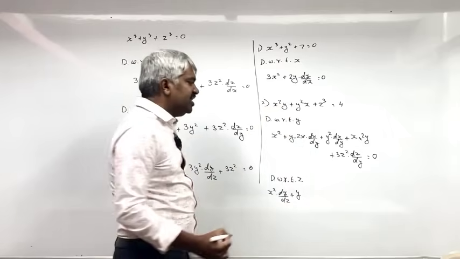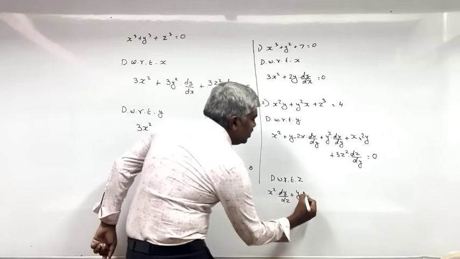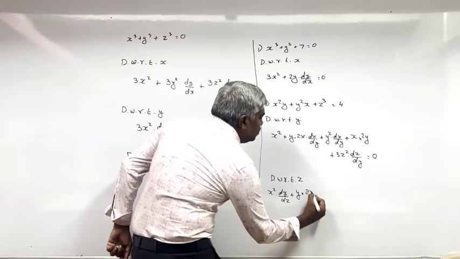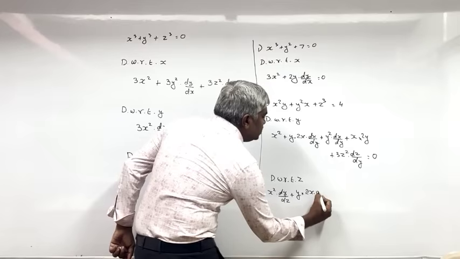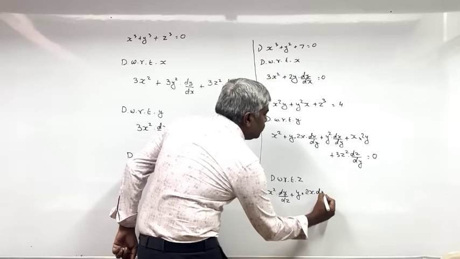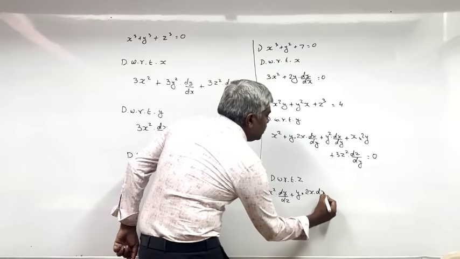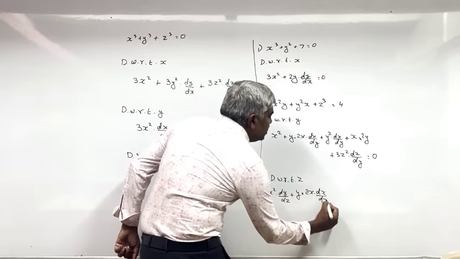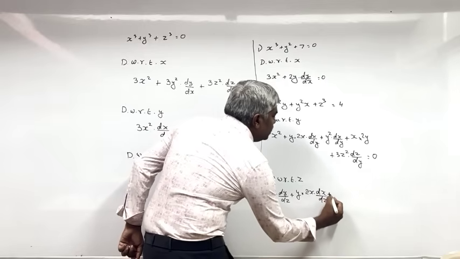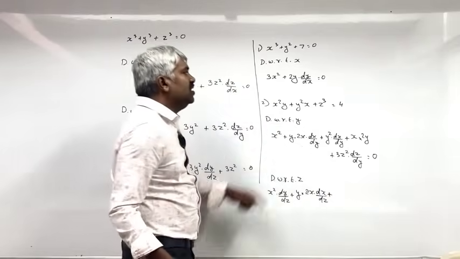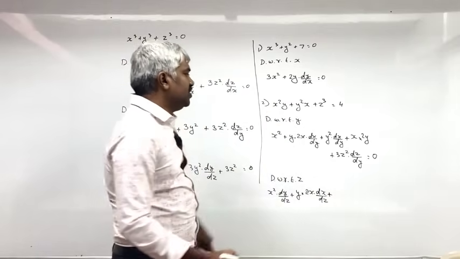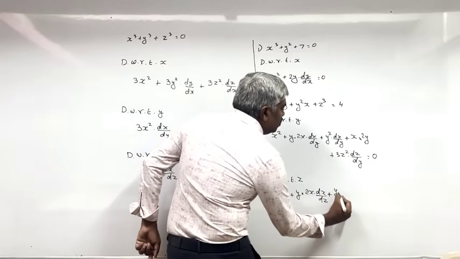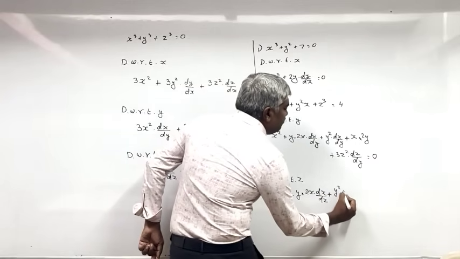Now differentiate x square: differential of x square is 2x into dx by dz, plus, again by the uv method, y square. What is the differential of x?